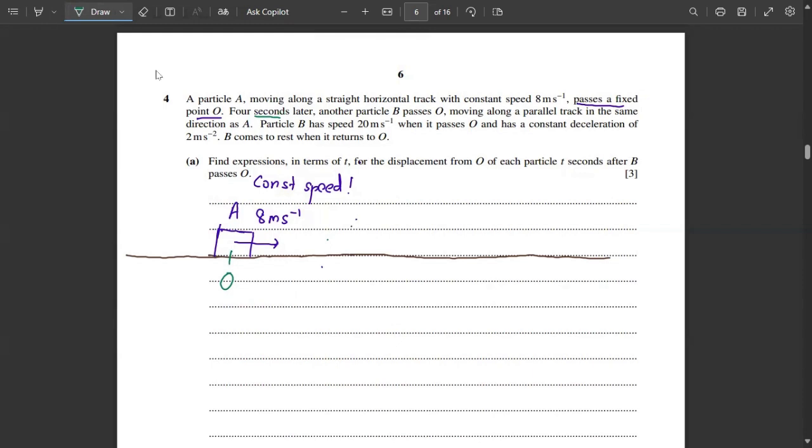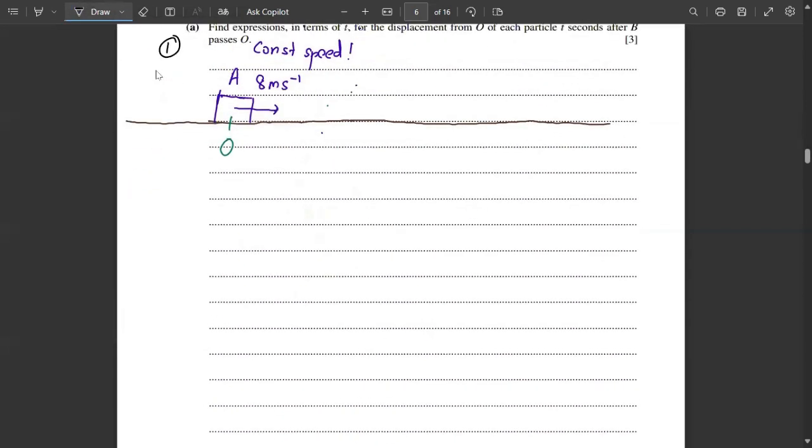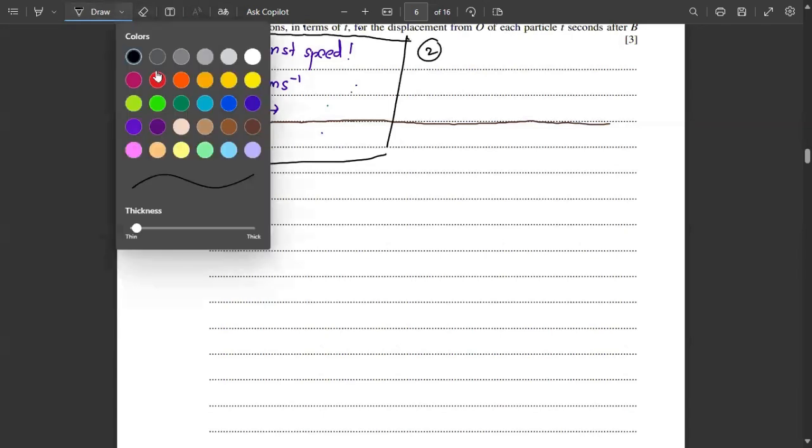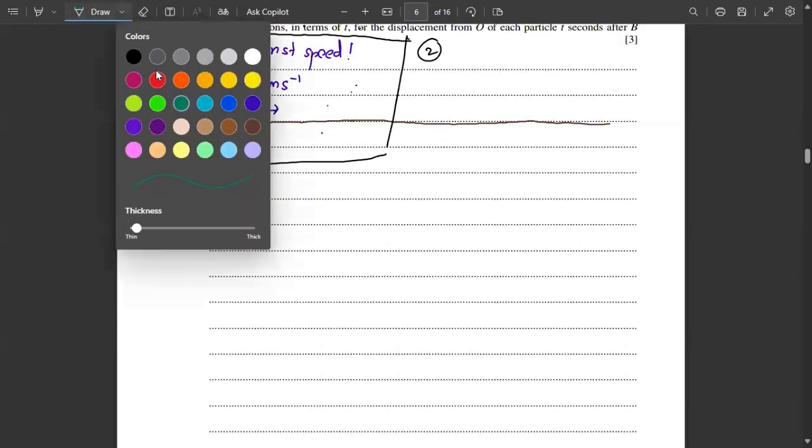Four seconds later, another particle B passes O. Okay, so let this be the first diagram. Now in the second diagram, O remains right here.